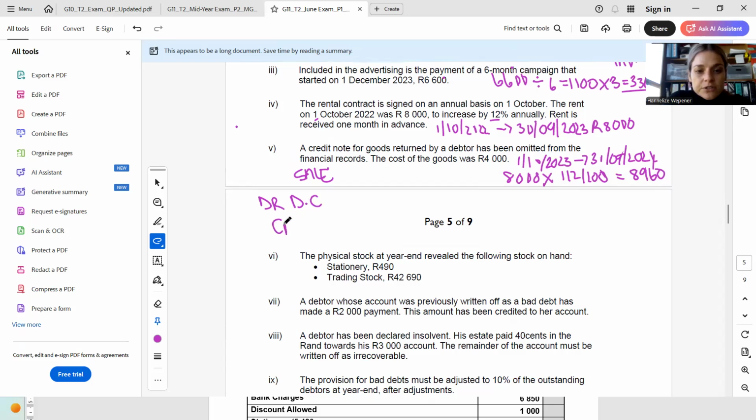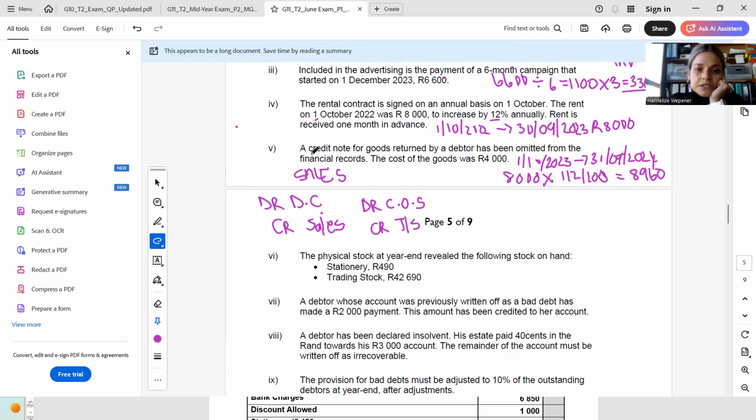And then I said I'm going to credit sales because I had a new sales transaction. Then I know I had to incur an expense in order to have this sale. So I had cost of sales because trading stock left my business. So this was your initial sales transaction.